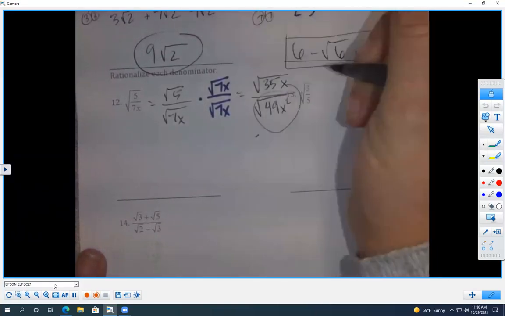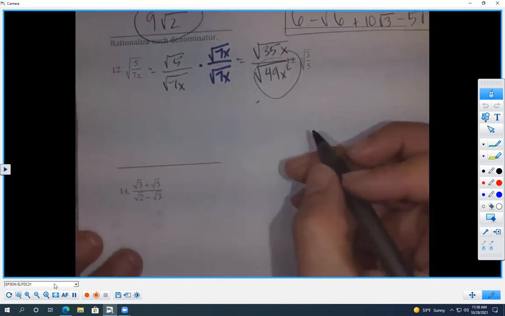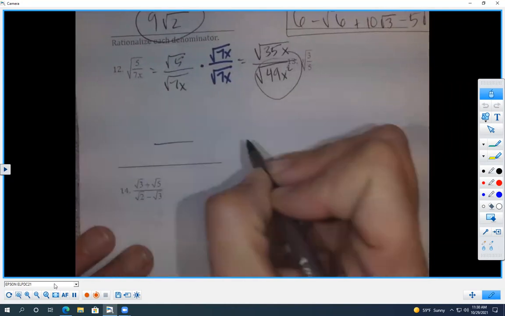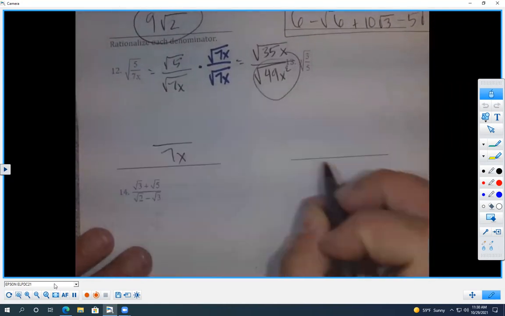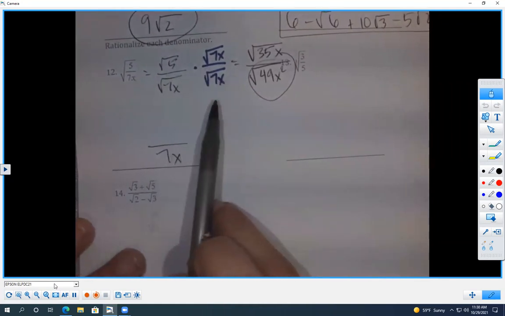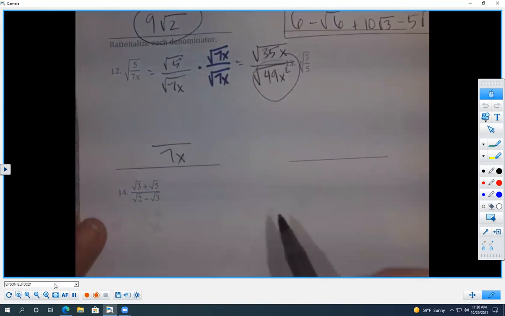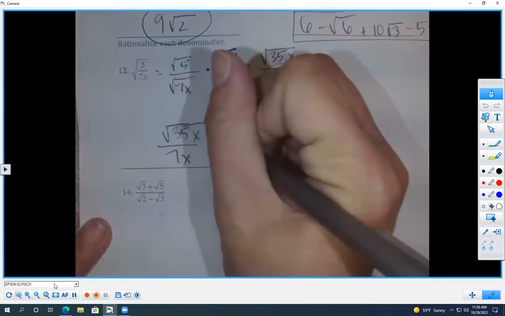And I can take the square root of 49x squared. That's the reason why I picked that to multiply by. What is the square root of 49x squared? 7x, there you go. Because I have 2 7s, I have 2 x's, I can pull the 7s out, pull the x's out, and I get 7x. And on top, it's still the square root of 35x.